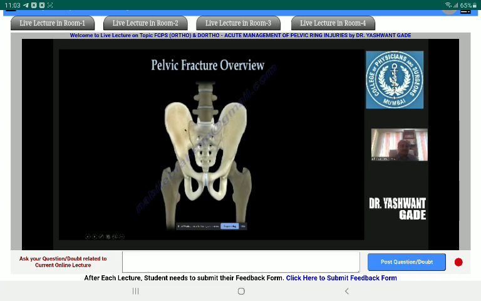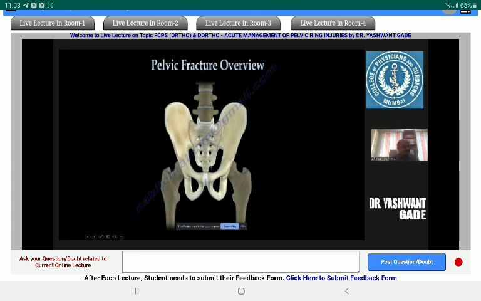So above this inlet there is the greater pelvis, and below this inlet is the lesser pelvis. Now the greater pelvis is also called the false pelvis, which contains sigmoid colon and the coils of the ileum.